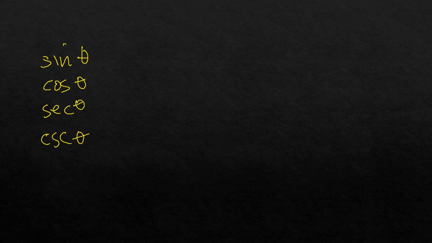Okay, so let us generalize. How do we identify the general solution of the 6 trigonometric functions? When we talk about sine, cosine, secant, and cosecant of any angle theta, remember that their period is 2 pi.